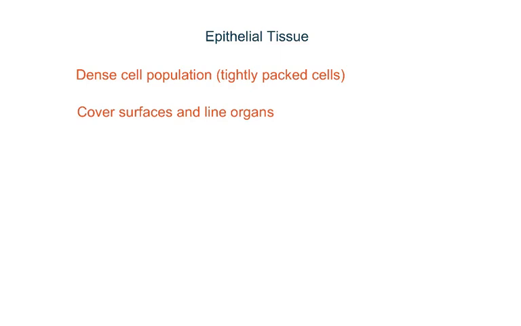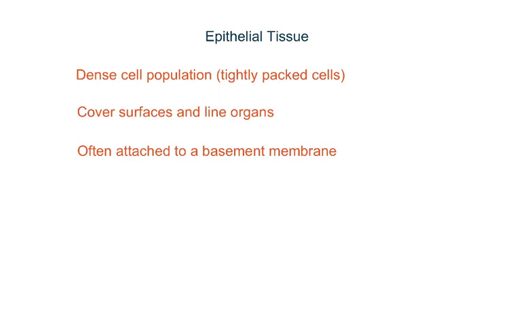Anything that's going to line an organ, and your skin, even the lining of your blood vessels, all epithelial tissue. It is very often, but not always, attached to a basement membrane, which I'll show you some slides coming up. A basement membrane is just a type of connective tissue.